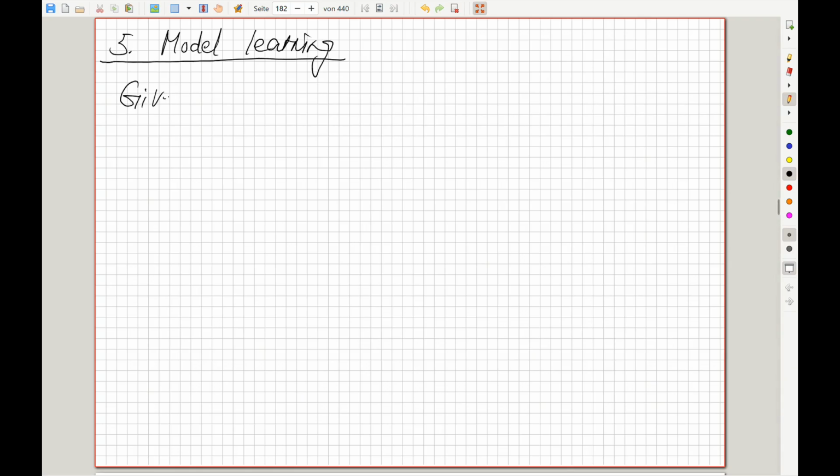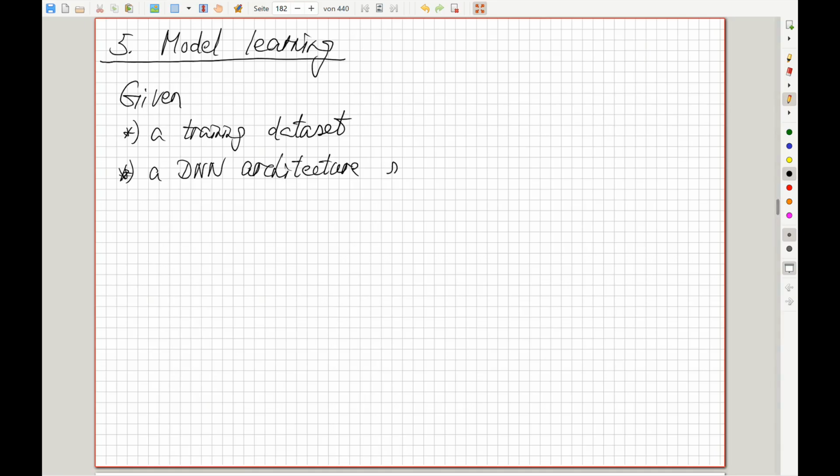Now, given a training data set, and given a deep neural network architecture, up to now you only know the simple fully connected neural network with a certain model parameter vector theta.